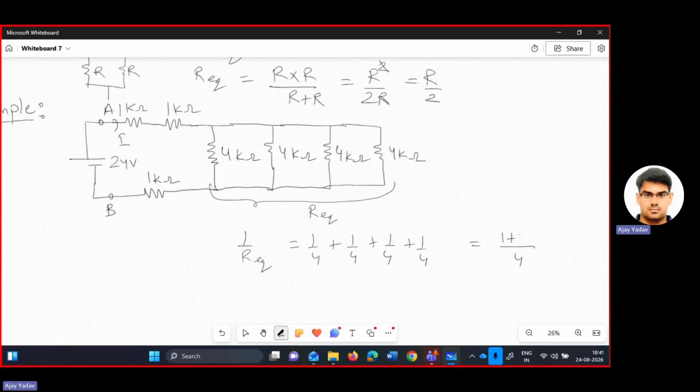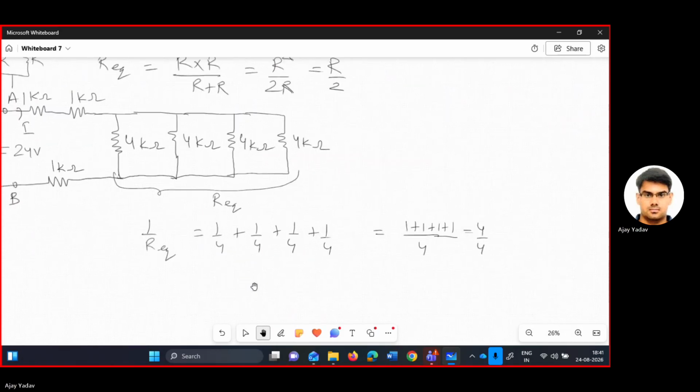This is 1 plus 1 plus 1 plus 1, so 4 divided by 4. Sorry, it is 1 by 1, so R equivalent will be 1 kilo ohm. Okay.